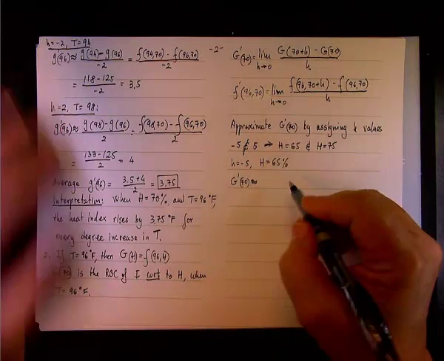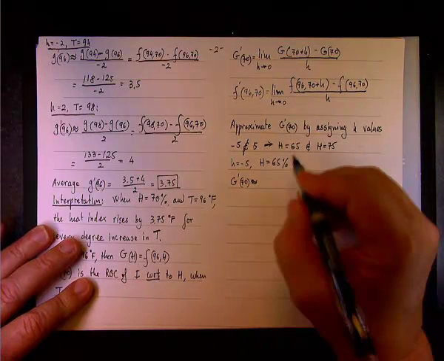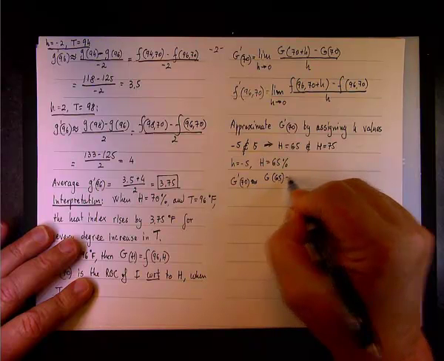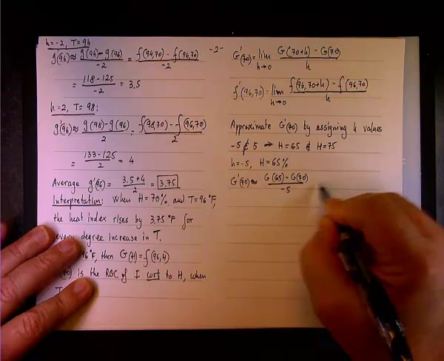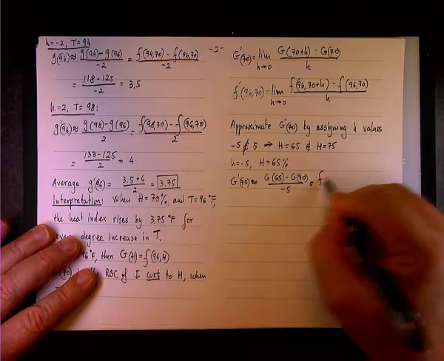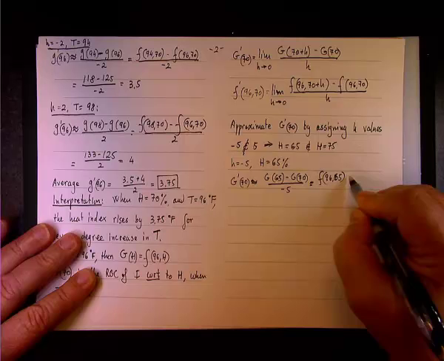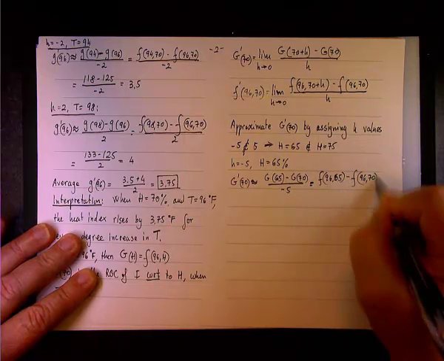So we'll start with H equals -5, therefore uppercase H equals 65%, and we evaluate here. In this case uppercase G prime at 70 will be approximated by, and I need to put the wiggle notation here.